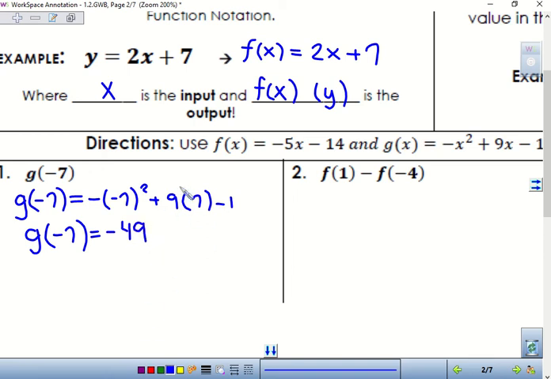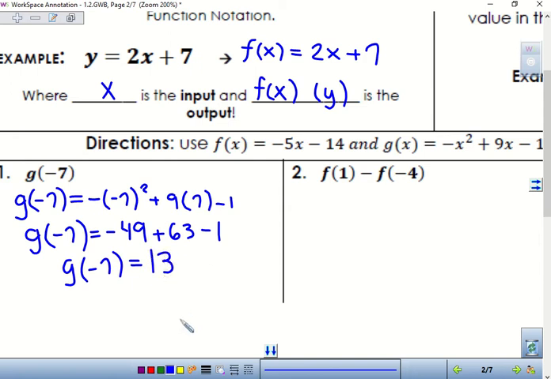What is 9 times 7? 63. Okay. And then we have g of -7 is equal to, in my calculator I'm going to do -49 plus 63 minus 1, and we get 13.